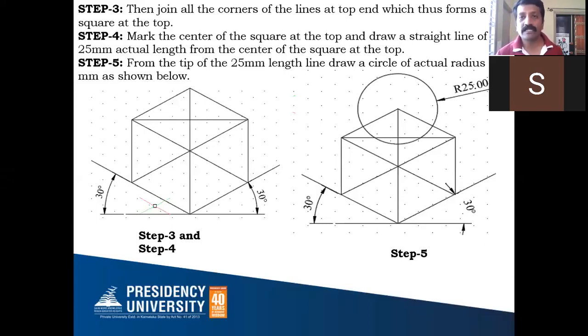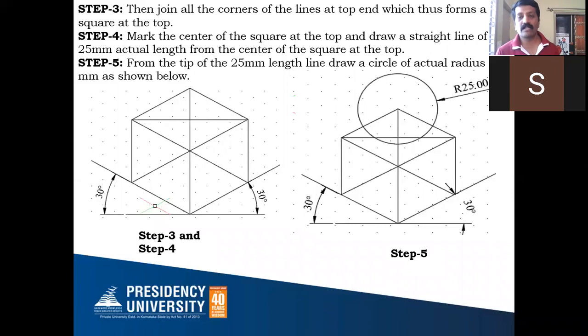So you convert that into isometric scale. From the intersection point on this vertical line, you take isometric 25 millimeter and mark it. So exactly you may get it somewhere else here, at the corner itself. Okay, you find that. So now you take this as the center to draw the sphere.